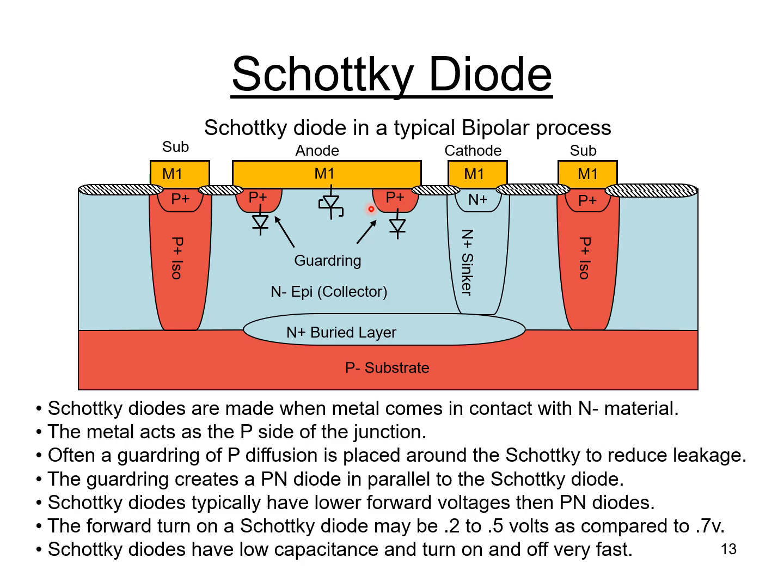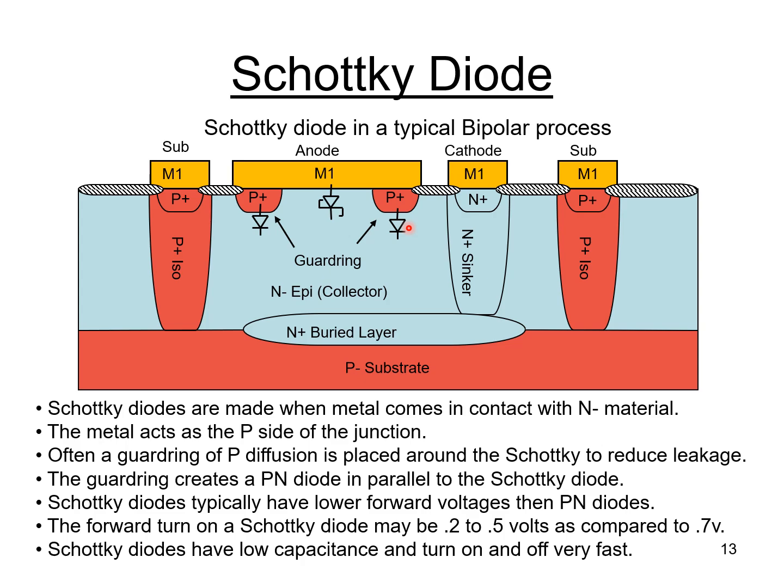However, the Schottky diode will typically have a much lower forward turn-on voltage than the PN diode. The forward turn-on voltage of a Schottky diode might be somewhere in the range of 0.2 to 0.5 volts, depending on the metal used for the P region, and that would compare to something in the range of maybe 0.7 volts for the normal PN diode.